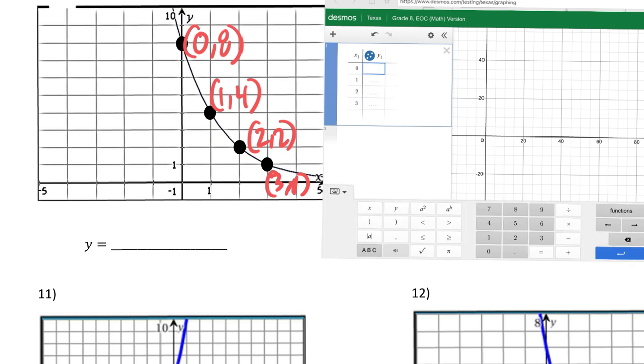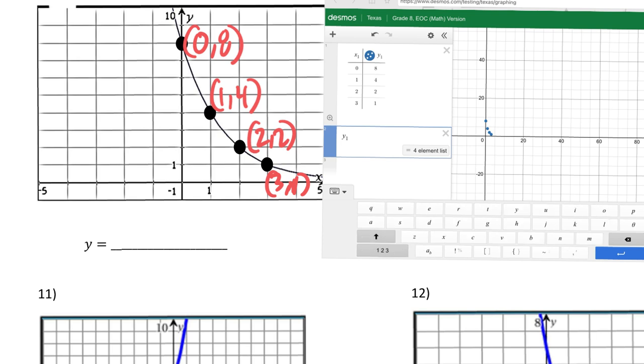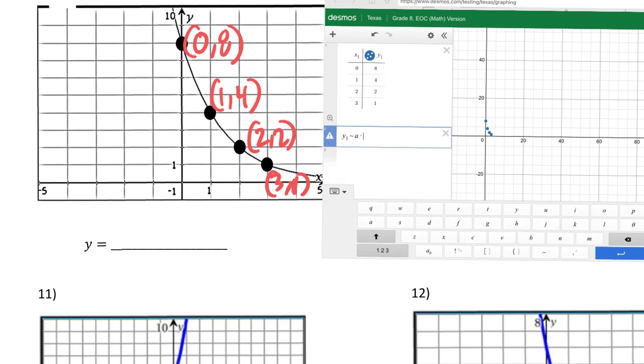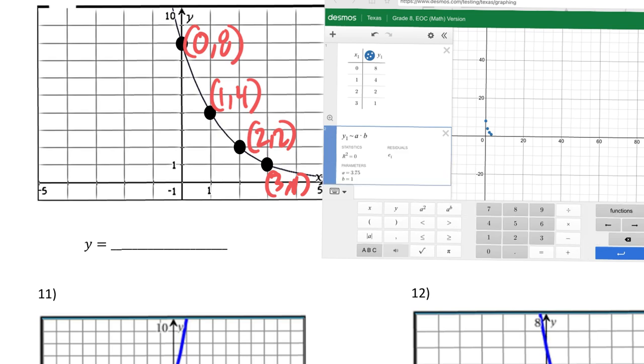Y values are 8, 4, 2, 1. All right, y1 squiggly A times B exponent x1.